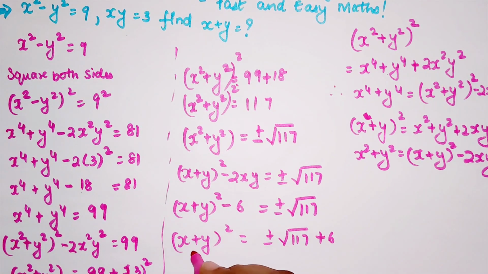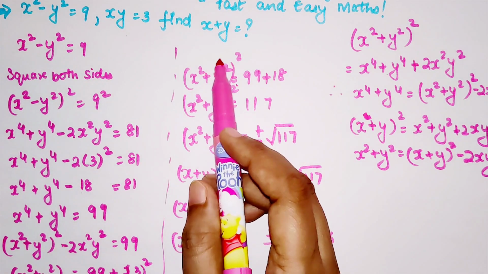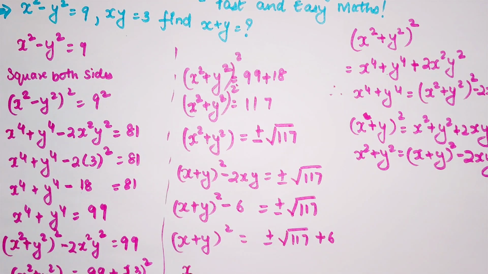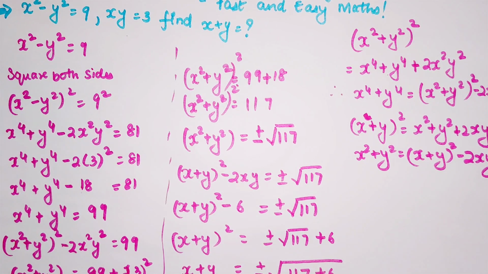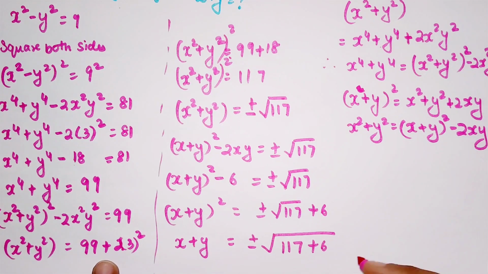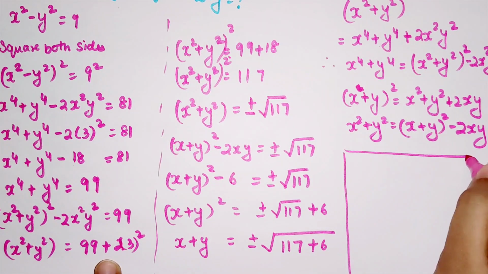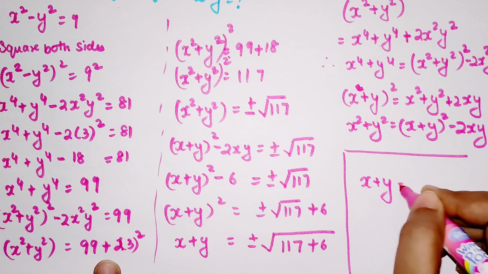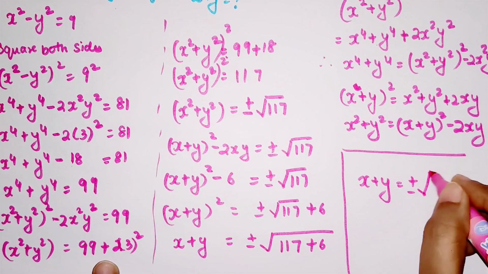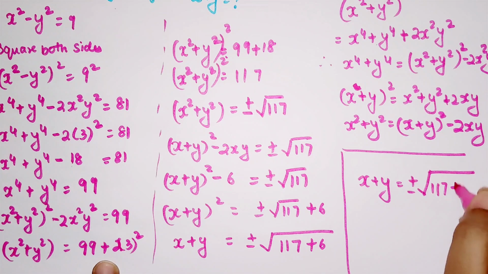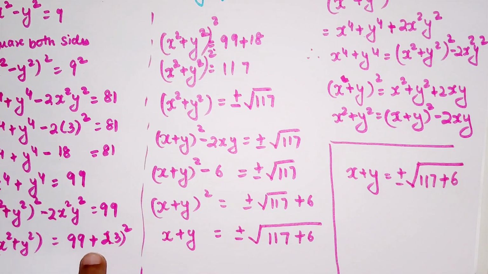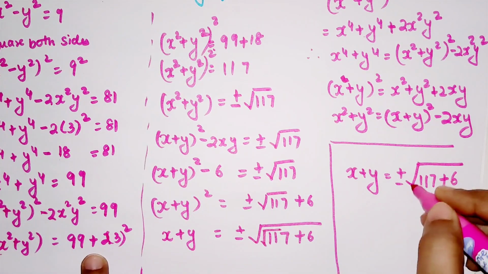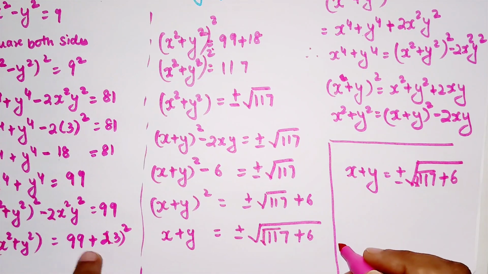Now in order to find just x plus y, which is what we are looking for, we'll take the square root. So x plus y, taking the square roots on both sides, is plus minus root of 117 plus 6. So your final answer now becomes x plus y is equal to plus minus root of, root of 117 plus 6. Oh sorry, here also there is a root, here also there is a root.